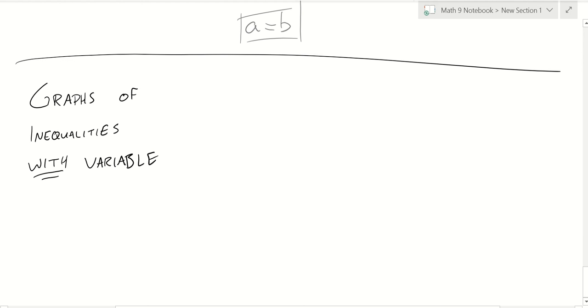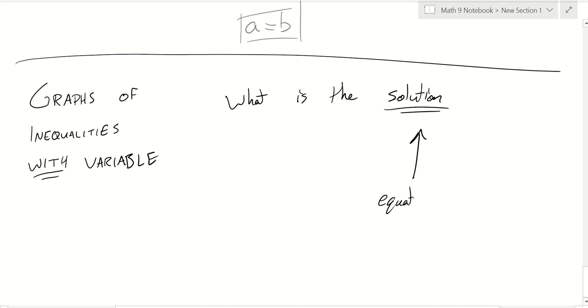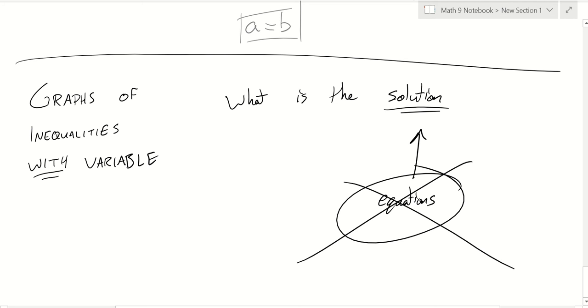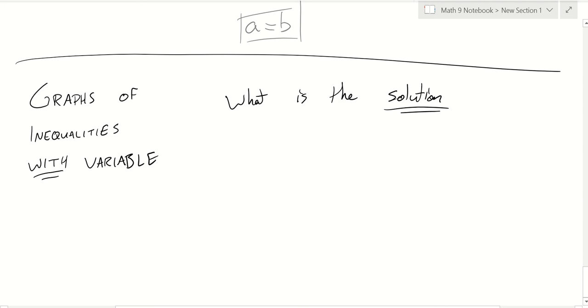Hey, we could ask for what is the solution? Whoa, we're usually used to seeing this word related to equations, but hey, in this particular case, we're going to be seeing this word related to inequalities. So that's exciting. So what is the solution for the following inequality with a variable? X is greater than or equal to 3. What is the solution to this?